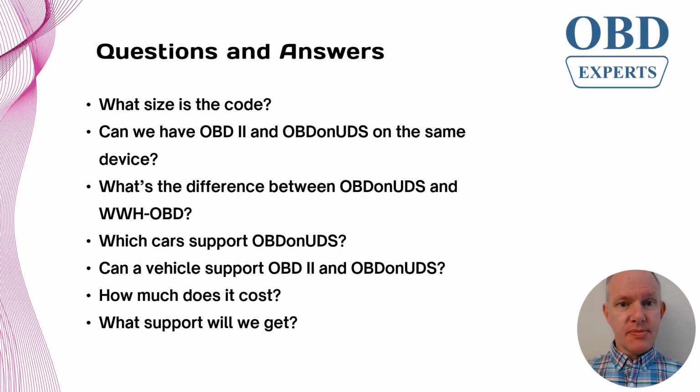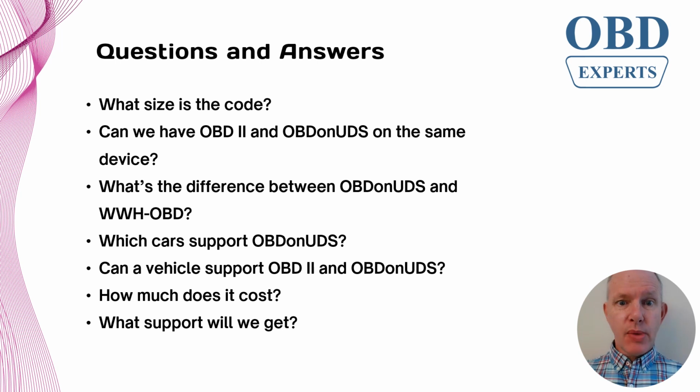We've had a few questions by email. First is, what size is the code? Well, as I said earlier, it's flexible depending on your requirements, so it's probably best for you to contact us with more details of your product and the space available, and we'll let you know what fit is best. Can we have OBD2 and OBDonUDS on the same device?